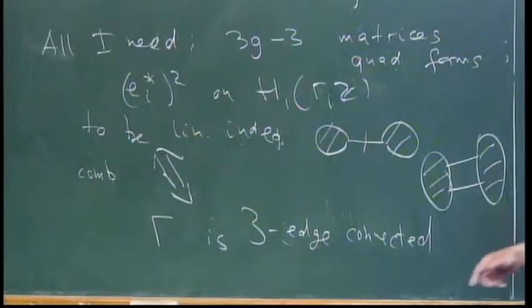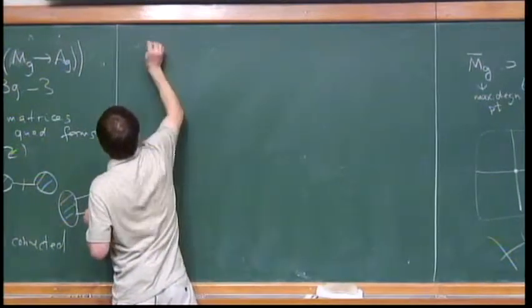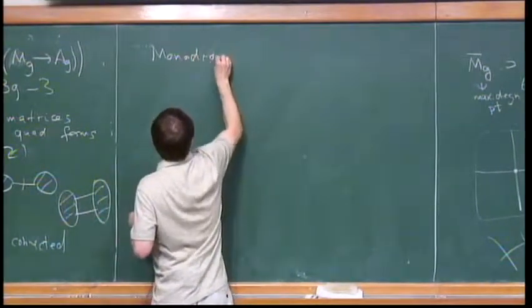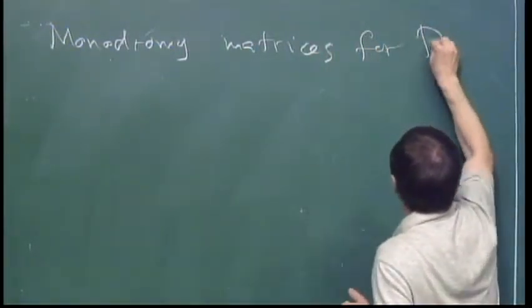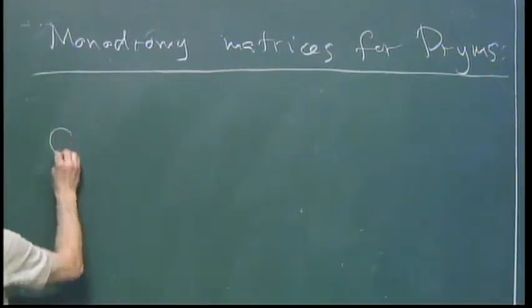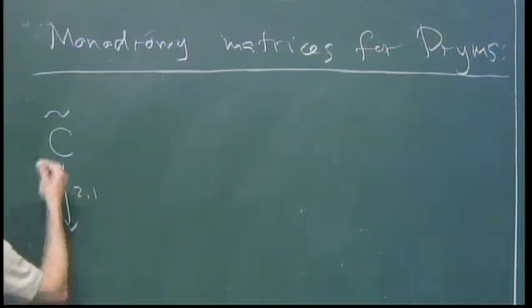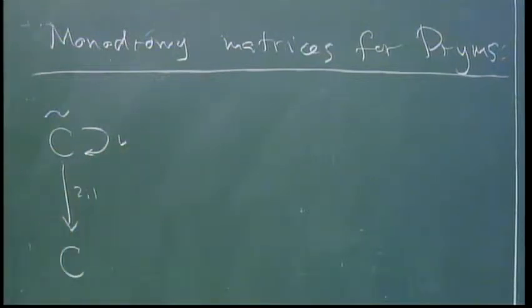So what do we need to prove this theorem about the dominance? Well, the idea is, but before I go to Prym-Tyurin, maybe I should briefly say something about Prym varieties. So what are the monodromy matrices for Pryms, for ordinary Pryms? So in the Prym situation, you have a double cover, C tilde to C, and then you have an involution iota acting.